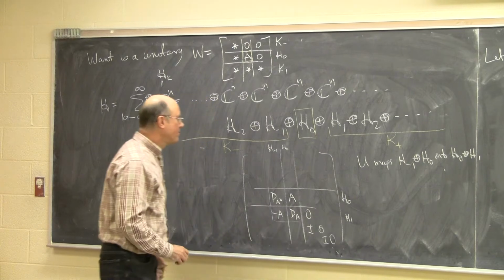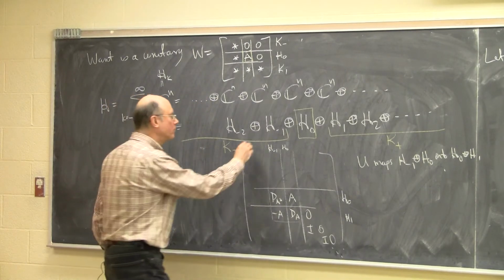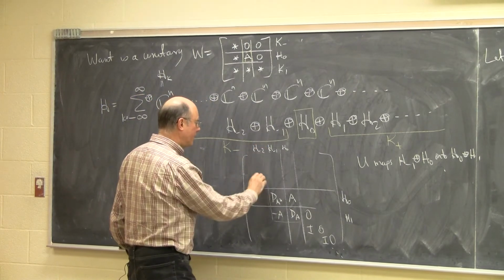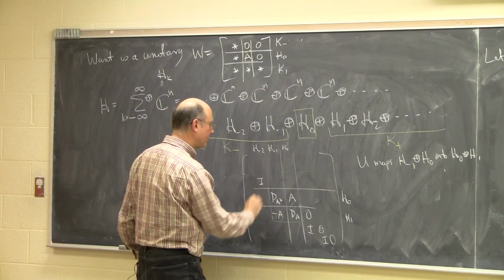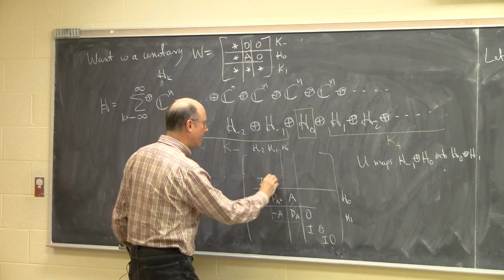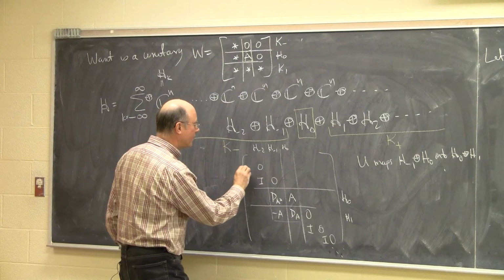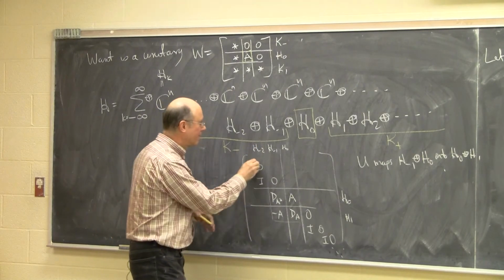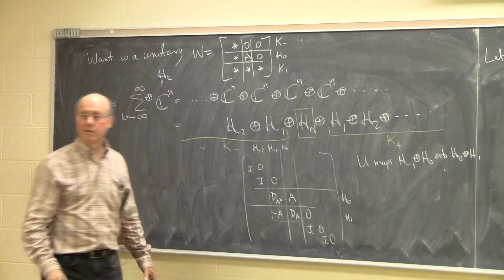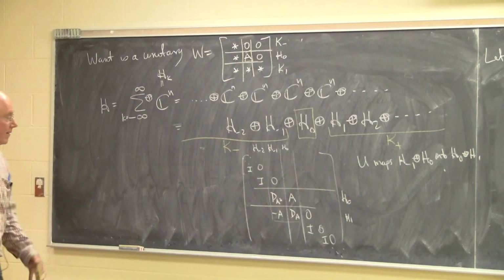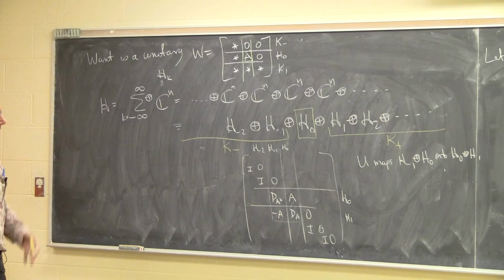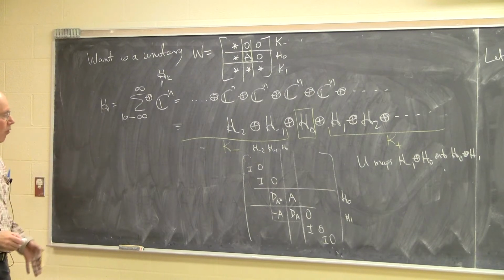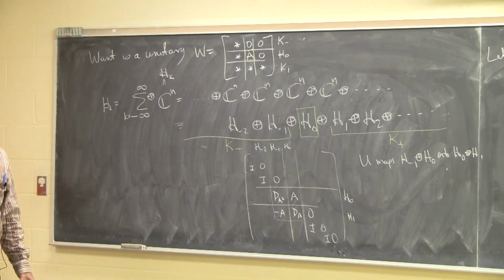So I map H minus 2 onto H minus 1, and H minus 3 onto H minus 2, etc. And when you do that, you end up with an operator which is an isometry mapping the whole space onto the whole space. That's a unitary.